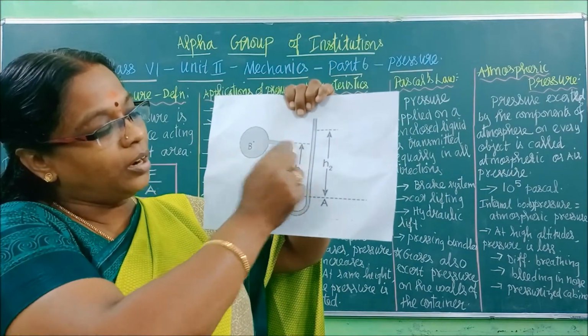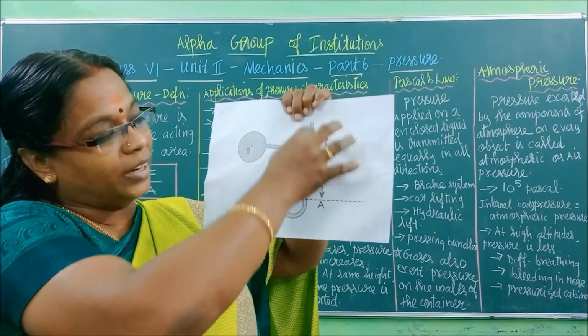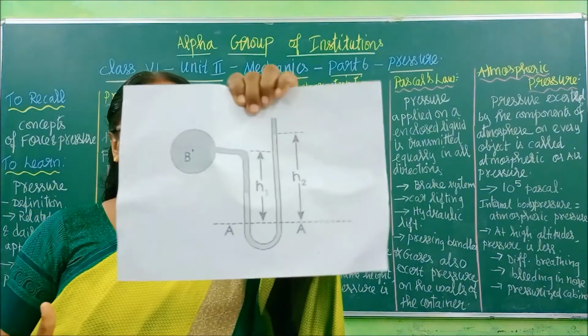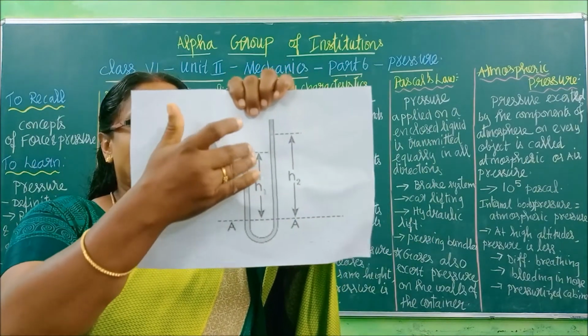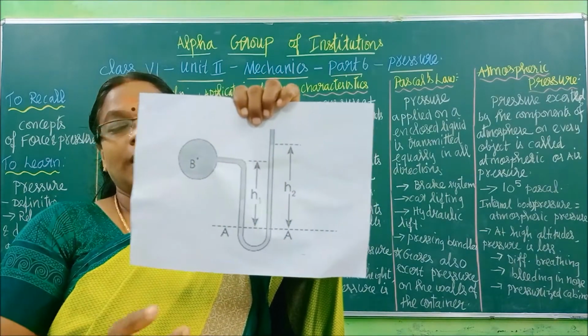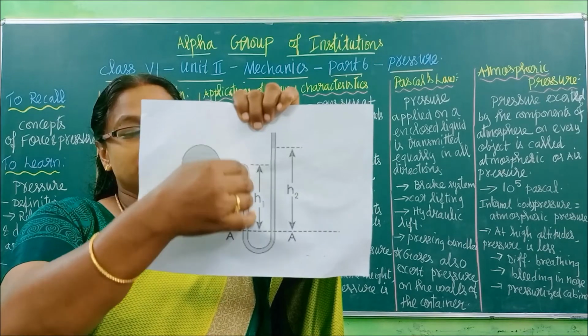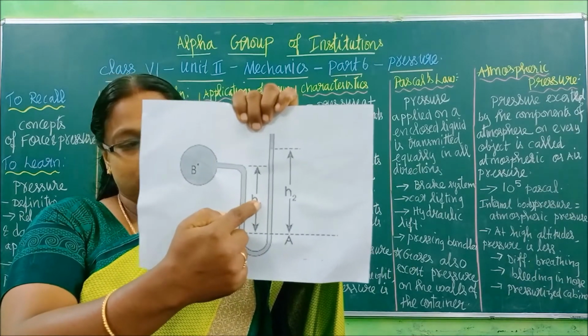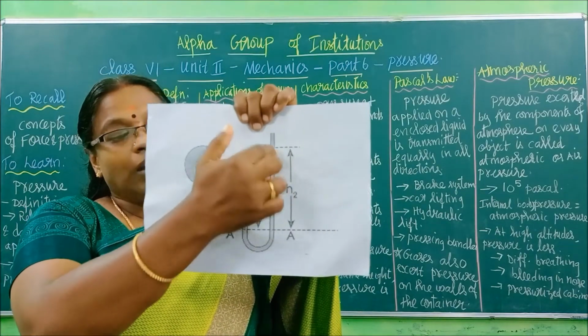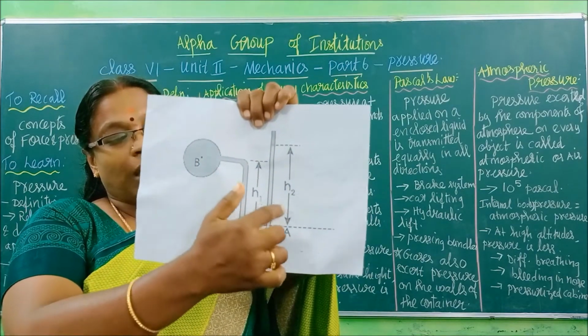Here liquid will be filled in it; the liquid whose pressure needs to be measured will be filled here. The liquid will get filled into this open tube. In one column it will rise up to one particular height which is called H1, and on the other side of the U shape the liquid will get filled up to the height H2.